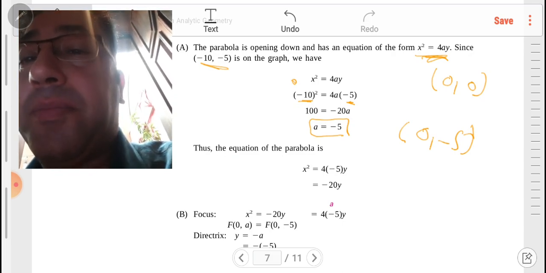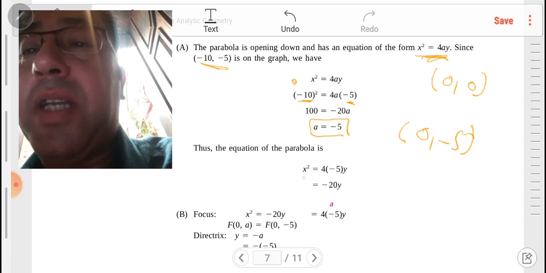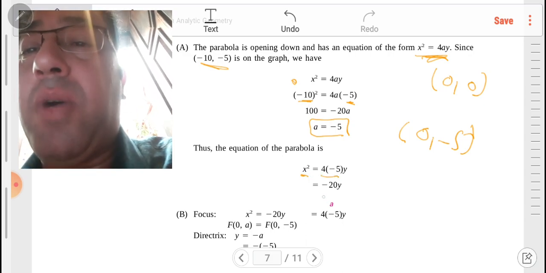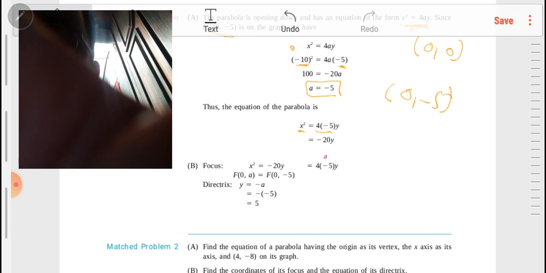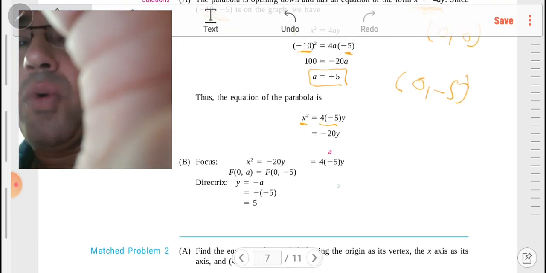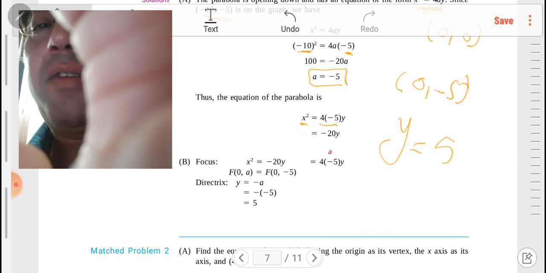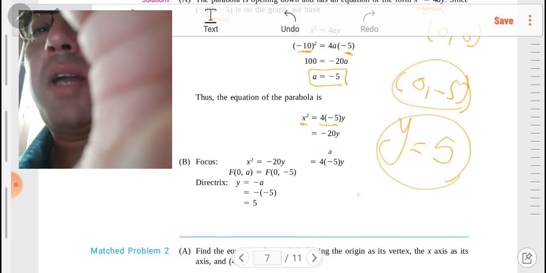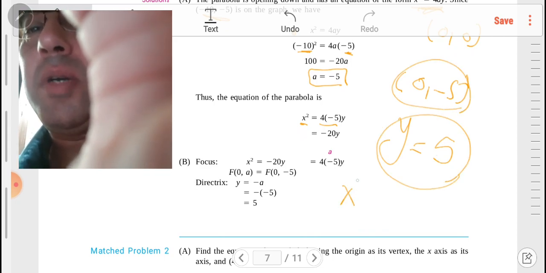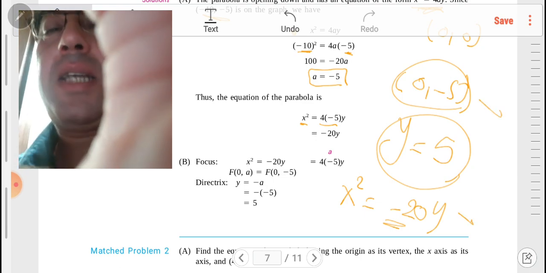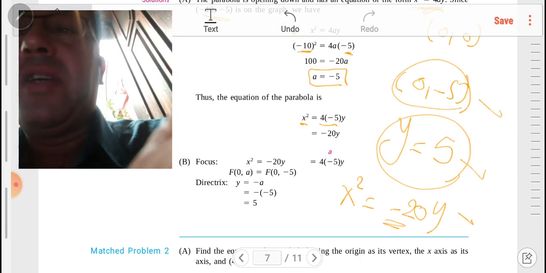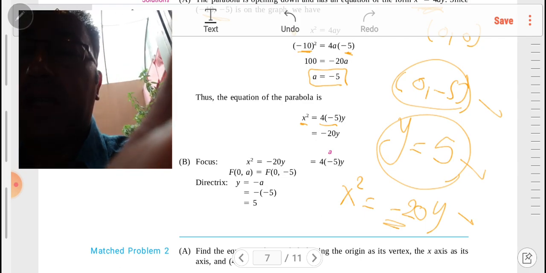The directrix is y equals 5. So we can write the equation x squared equals negative 20y, because a is negative 5. The focus is (0, negative 5) and the directrix is y equals 5.